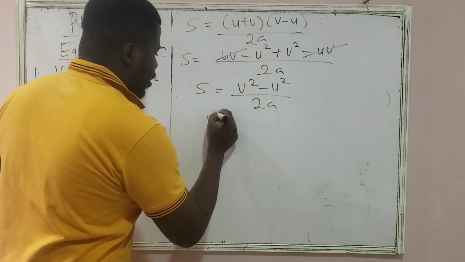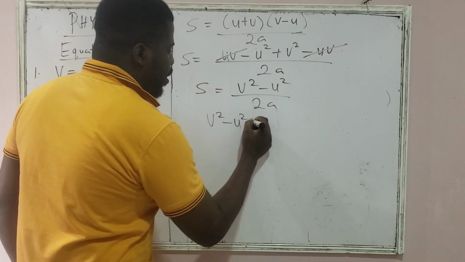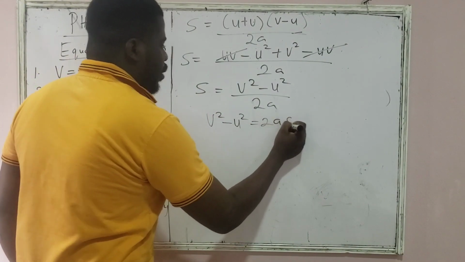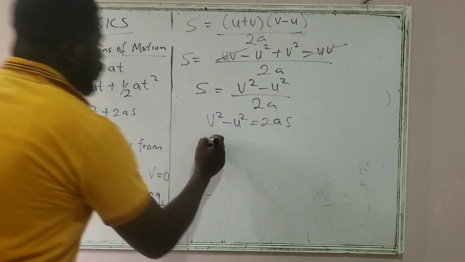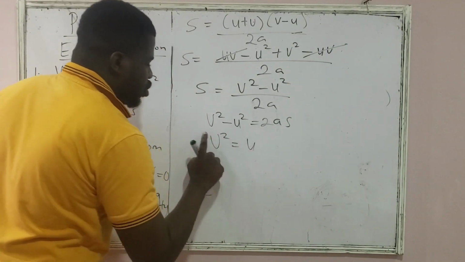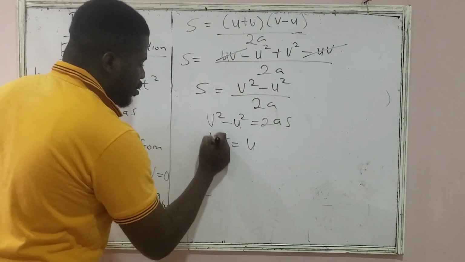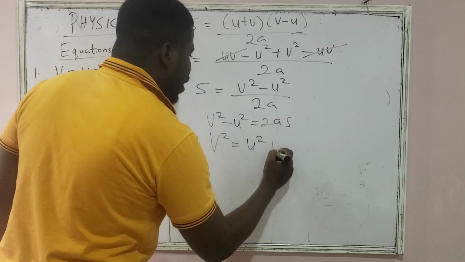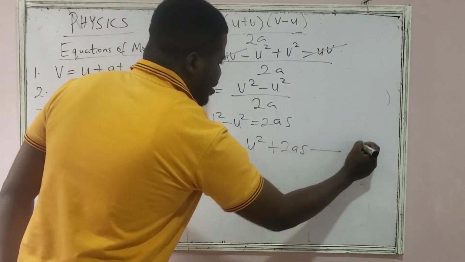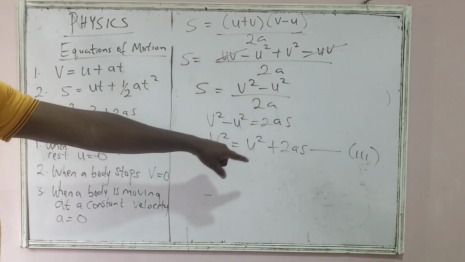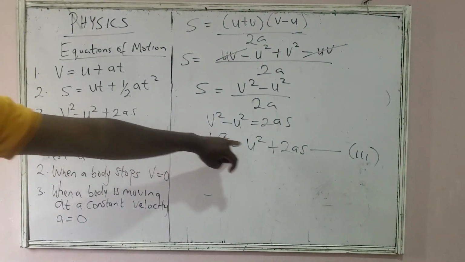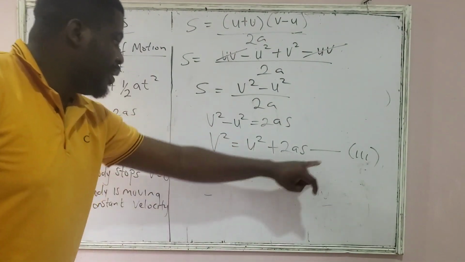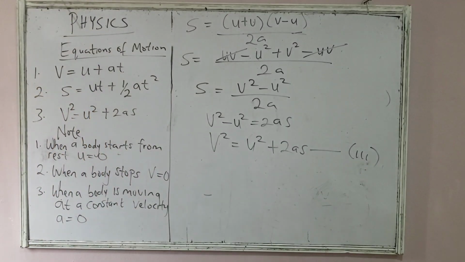If we make V² the subject of the formula, we have V² − U² = 2AS. So V² = U² + 2AS. This is the third equation of motion.